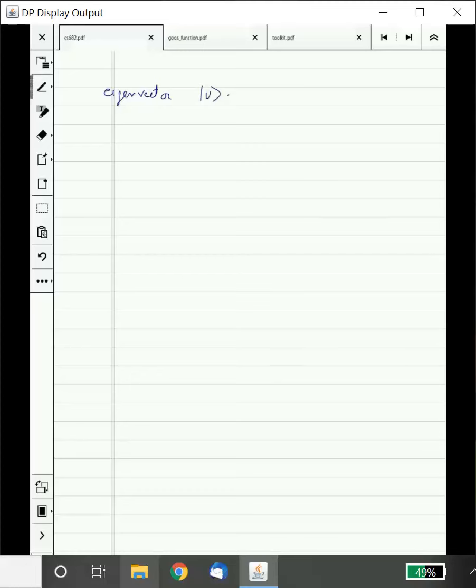What happens if I apply phase estimation on some random vector w? This might not be an eigenvector. What will be the result there? You can pause the video and think of what could be the answer here.